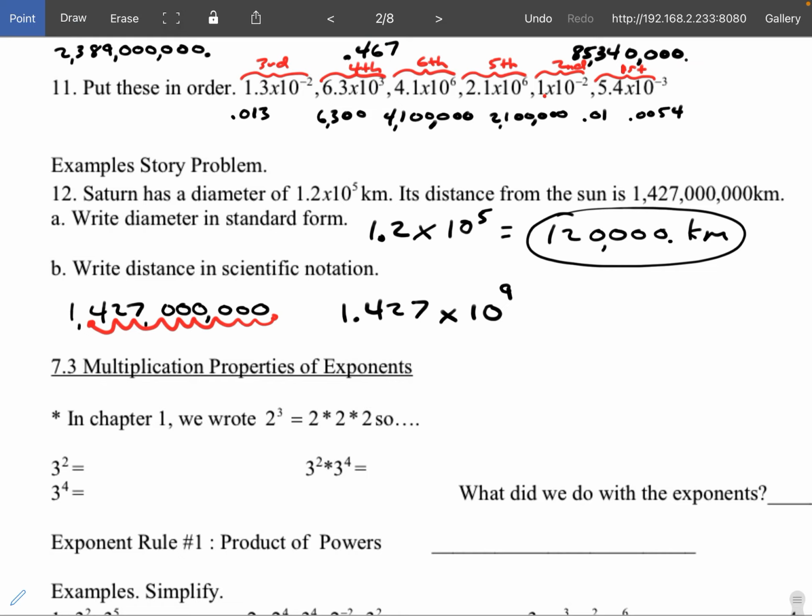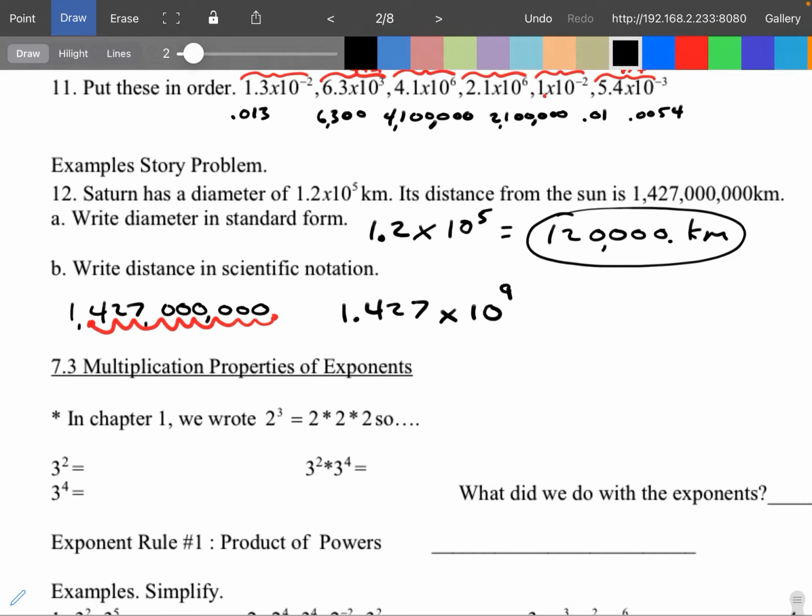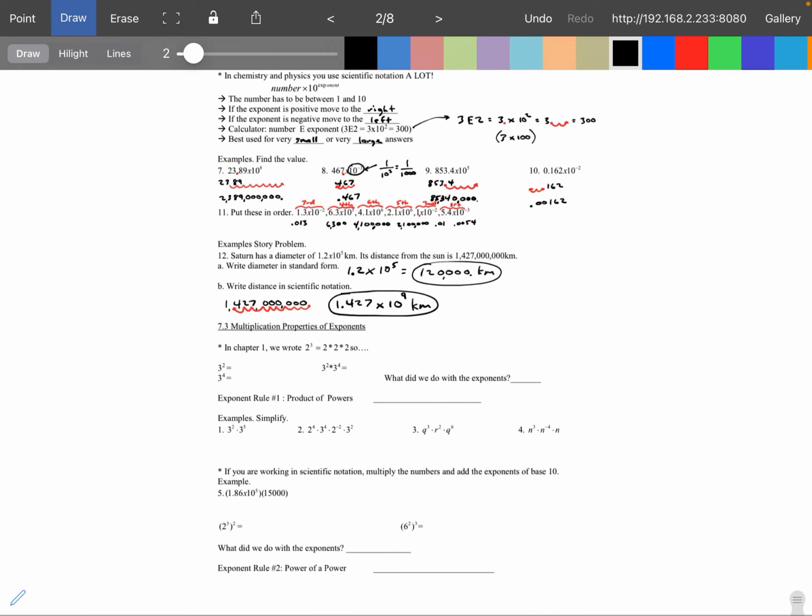If I multiply this 1.427 times 10 to the 9th, 10 to the 9th is like a billion. So it's going to be a really big number, as you can see right here. And that would be kilometers also. And that's it. That's it for 7.2.